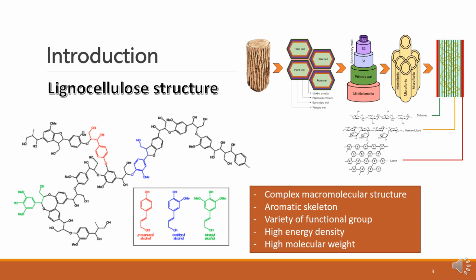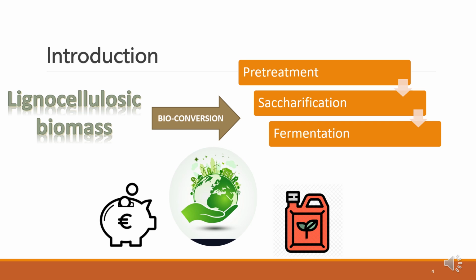The recalcitrant structure of lignin includes complex macromolecular structures, aromatic skeletons, varieties of functional groups, high energy density, and high molecular weight. Thus, to increase the digestibility of cellulose and hemicellulose, the removal or breakdown of lignin from lignocellulosic biomass is usually the target step of the pretreatment.